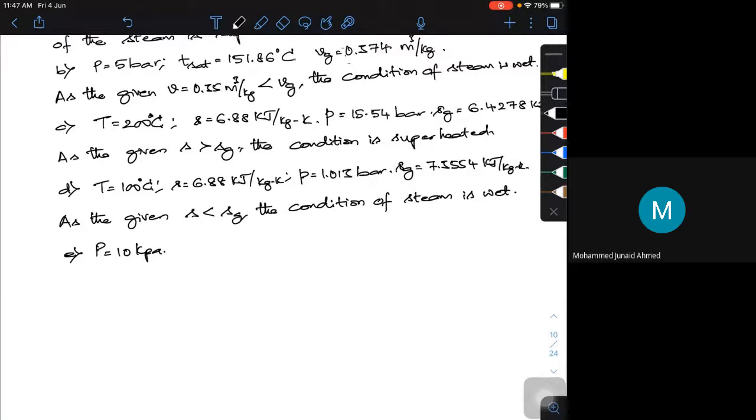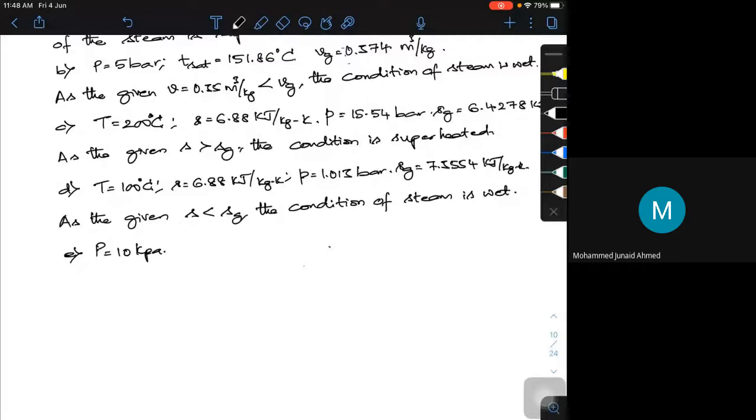So what is the corresponding value in bar? 10 into 10 to the power of 3, that is 10,000, divided by 10 to the power of 5, so this will be 0.1 bar. So look at the 0.1 bar for this condition.